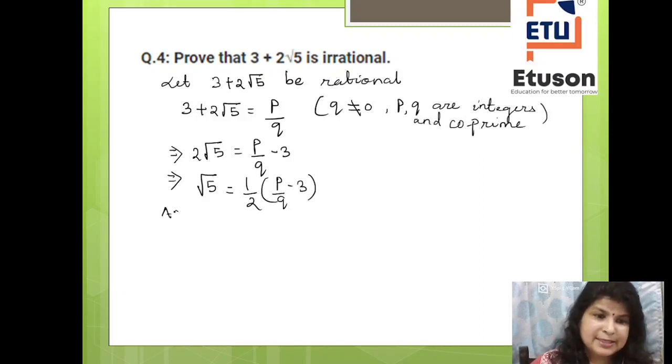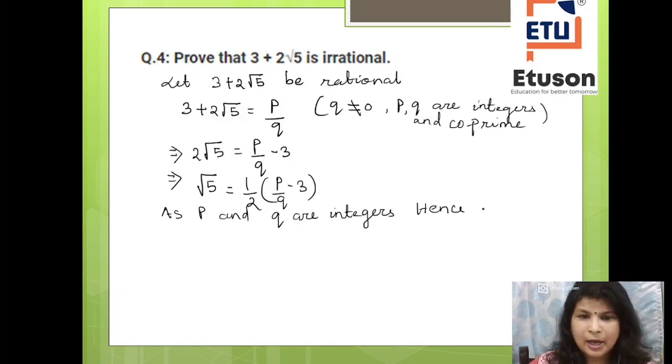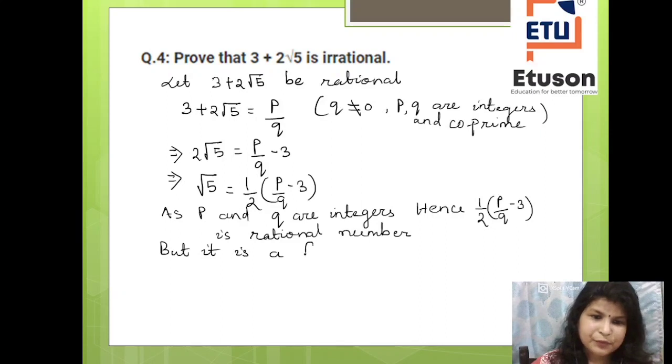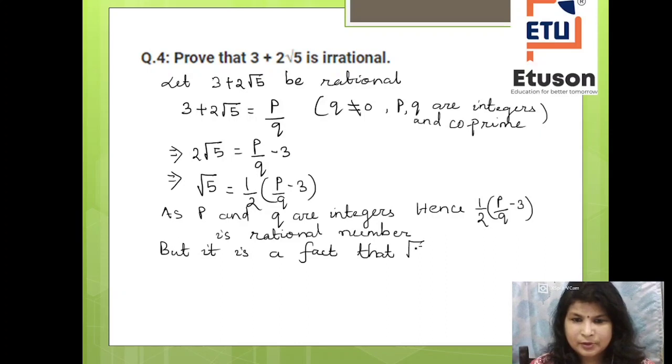So as P and Q are integers, hence half P by Q minus 3 is a rational number. But it is a fact that root 5 is irrational.